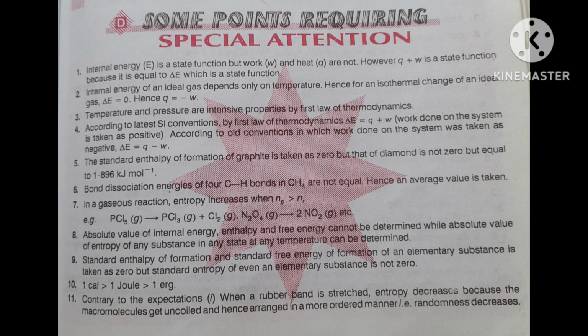Next point: the standard enthalpy of formation of graphite is taken as 0, but that of diamond is not 0, but equal to 1.896 kilojoule per mole. This is a very, very important point.